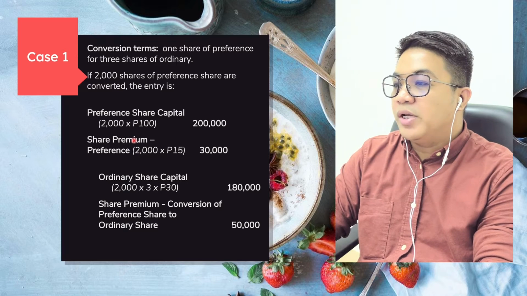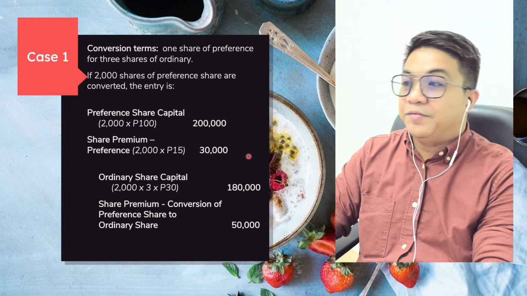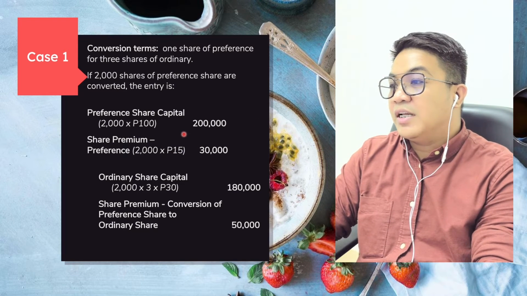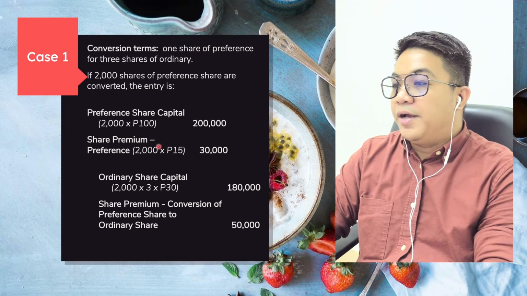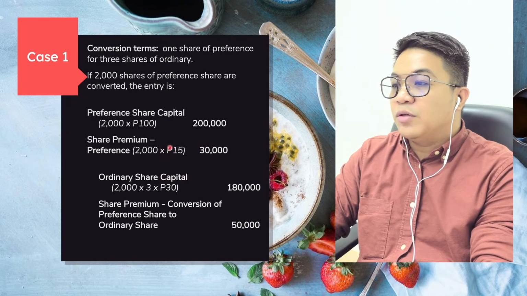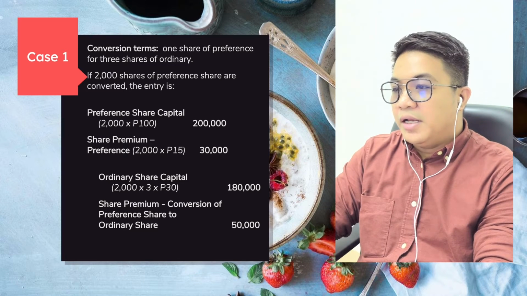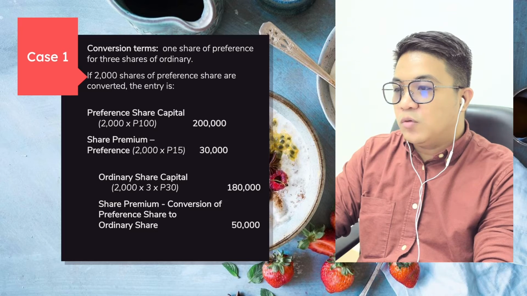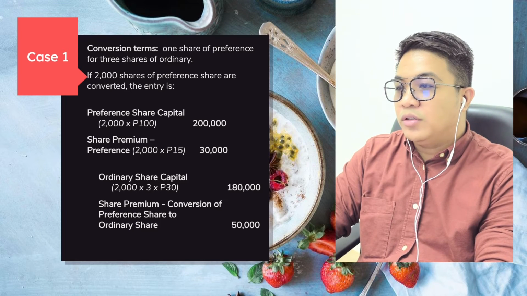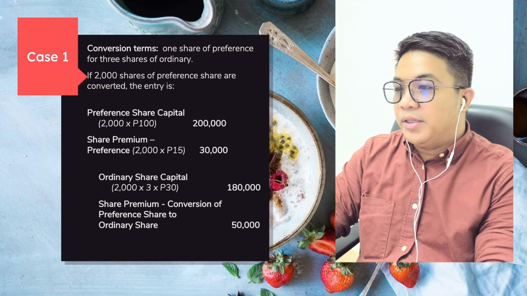We have also here share premium preference, 2,000 multiplied by 15 pesos. Sir, where did the 15 pesos come from? Of course, it's the difference, I think this is also given. I'll just go back to the given problem, issuance, donation, we're done with that, and the memorandum entry, conversion.